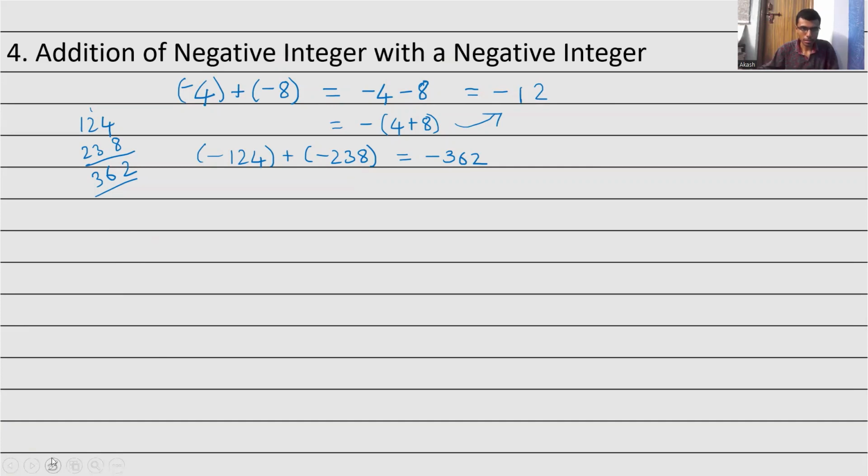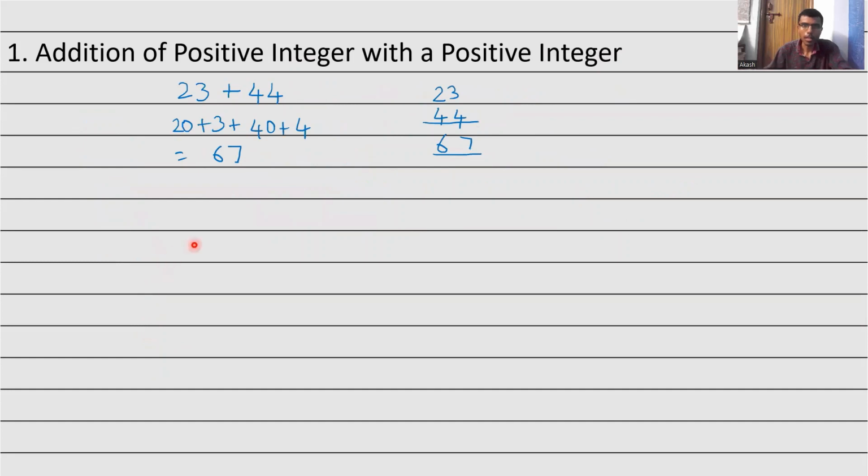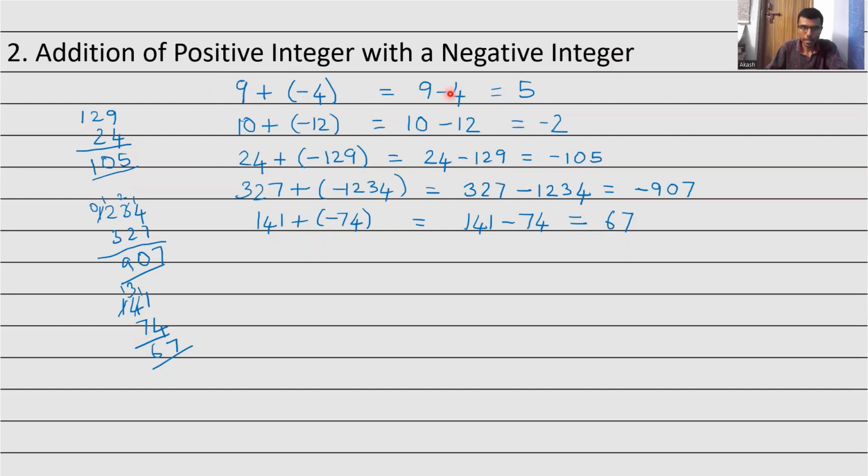Okay. To have a quick summary of what we have done till now. Basically, addition of positive integer with a positive integer. You guys are experts, I know. Most of you won't be making mistakes, hopefully. Now next, addition of positive integer with a negative integer. Just write it down like this and get it into standard subtraction form.